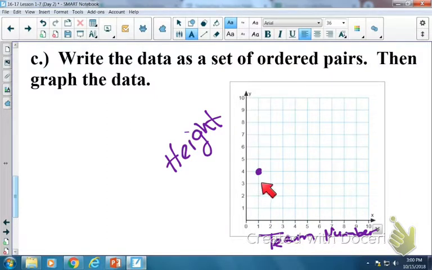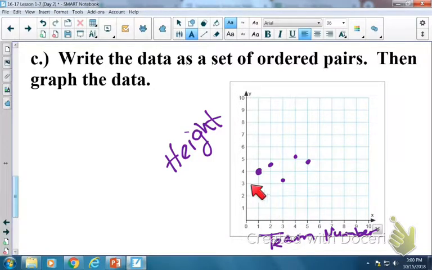So we're going to put their point as team number 1, 4 feet. Then we're going to go to team number 2 and go up 4.5 feet. So we're sort of in between, and so on. Team number 3, 3.2 feet. Team number 4, 5.1 feet. Team number 5, 4.8 feet.